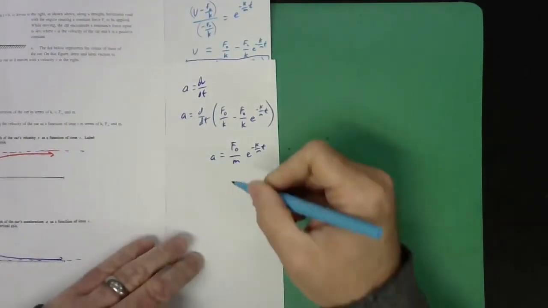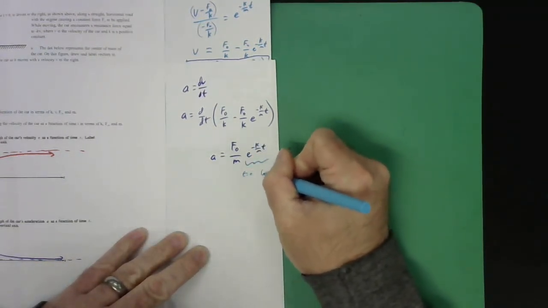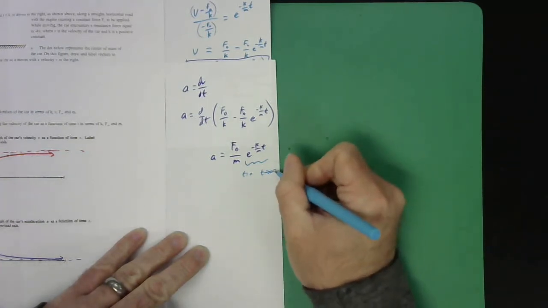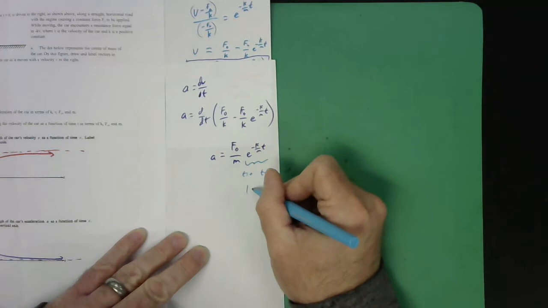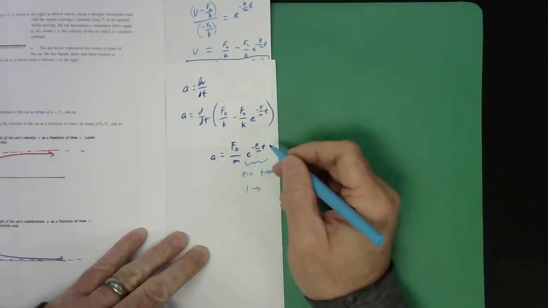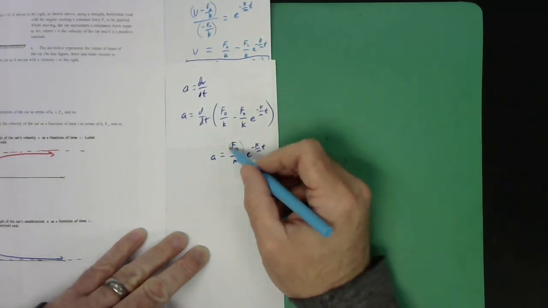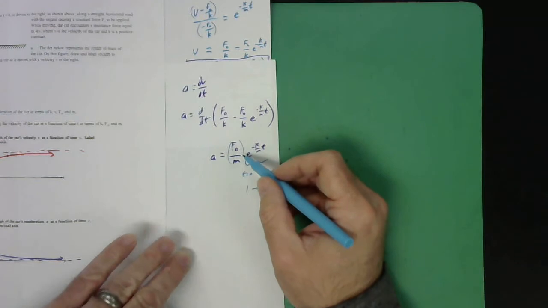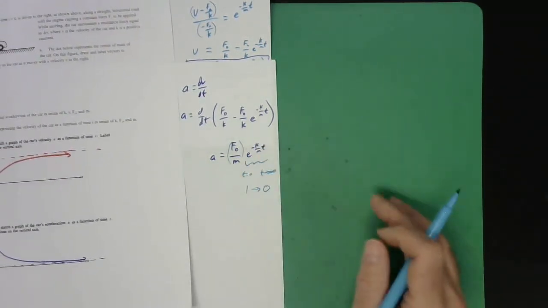Time is 0, heading to time approaching infinity. When time is 0, e to the 0 is 1. And as this heads to infinity, e to the minus infinity will be 0. This is going to be a percentage of that starting acceleration. My starting acceleration was my biggest acceleration. This tells me what percentage of it I'm at as time goes by. That's what this bit does.